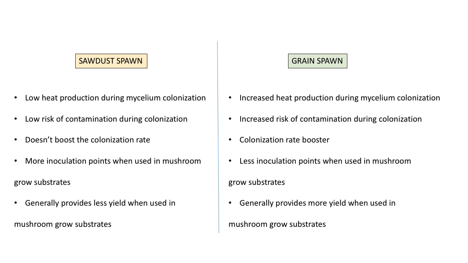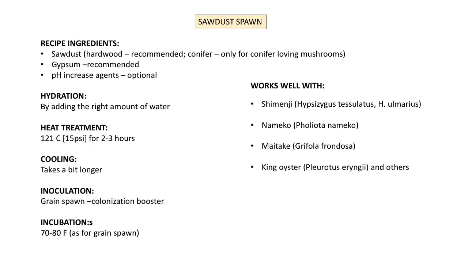Now let's see how to make sawdust spawn. Making sawdust spawn, it's a little bit different than making grain spawn, and I want to show you what the differences are. So let's see what kind of sawdust we should pick for making sawdust spawn.